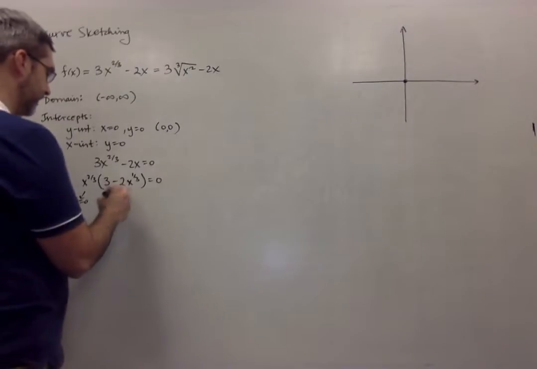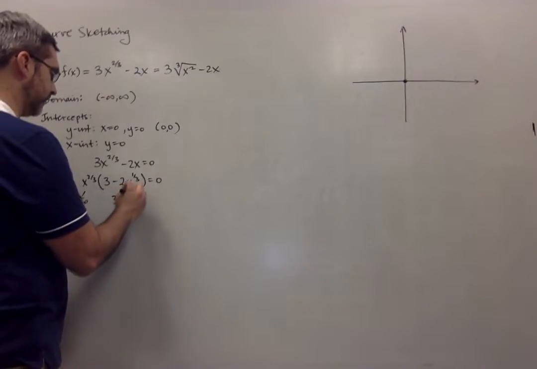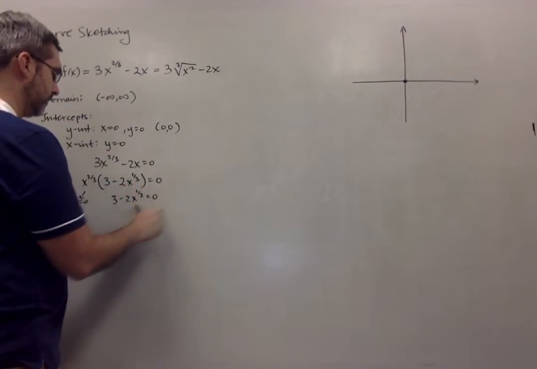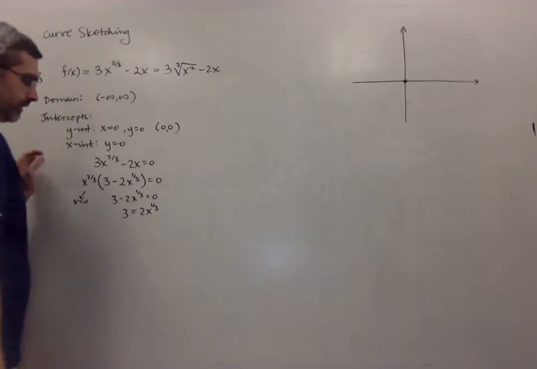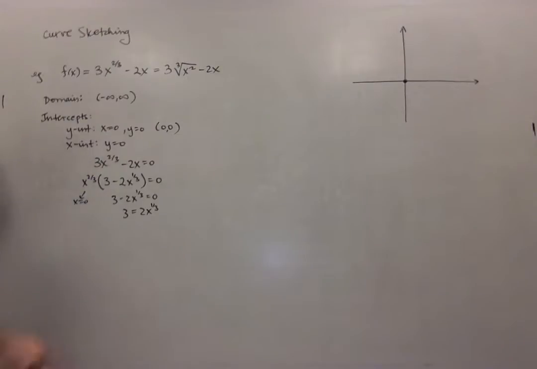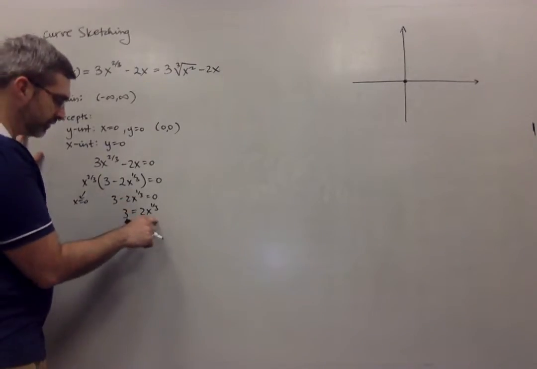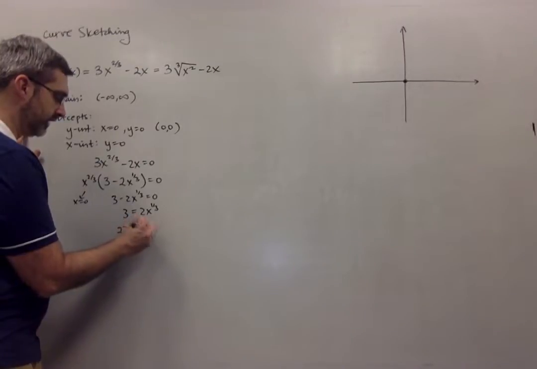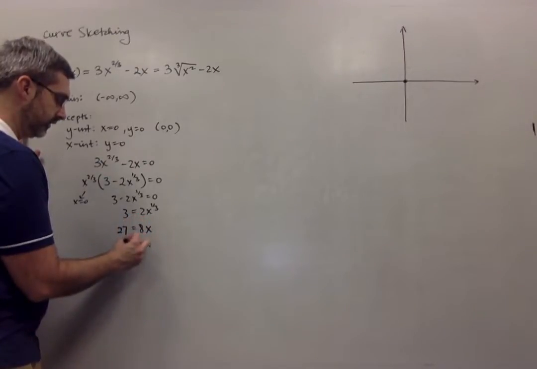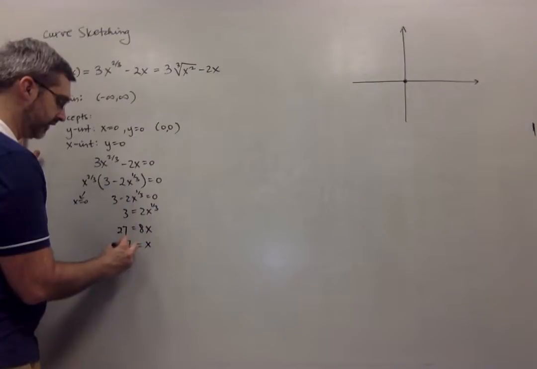This part right here, if I set that equal to 0, put that to the other side, now I need to, in order to get this to look nice, I need to cube everything. So I'm going to get 27 is 8x. So in other words, x is 27 over 8.